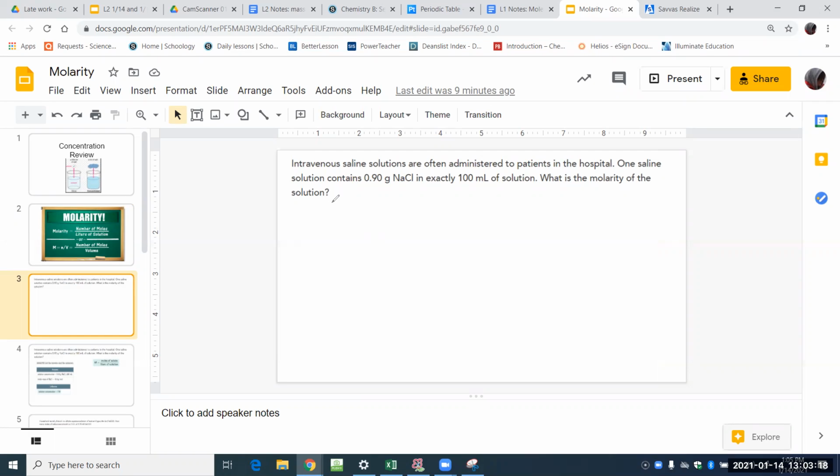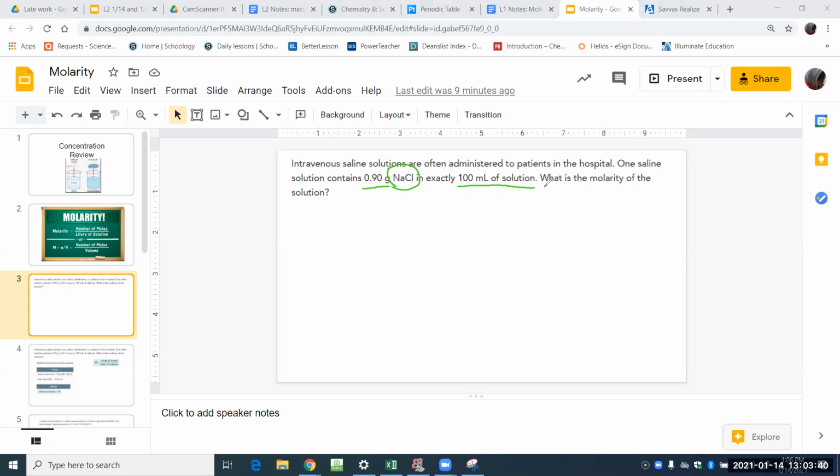So let's see over here. So you have an intravenous solution often administered to patients in the hospital. One saline solution contains 0.9 grams of NaCl, so this is your solute, okay, in exactly 100 mLs of solution.